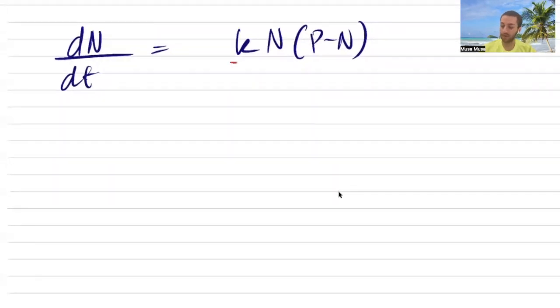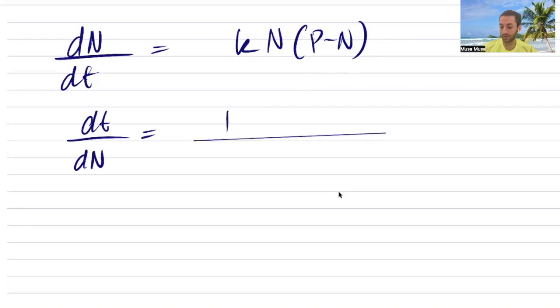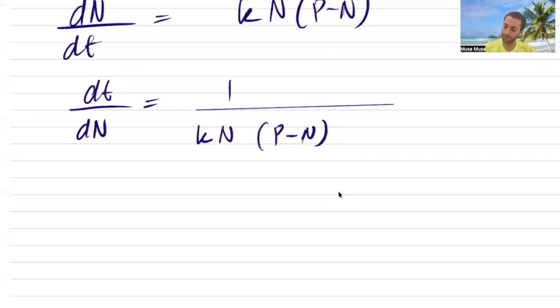Let's separate it and take the N times (P − N) onto the other side. Actually, we don't even have to do that. Let's just take the reciprocal. dt/dN equals 1 on kN(P − N). Oh well, yeah, this is way easier than moving it over for no reason.